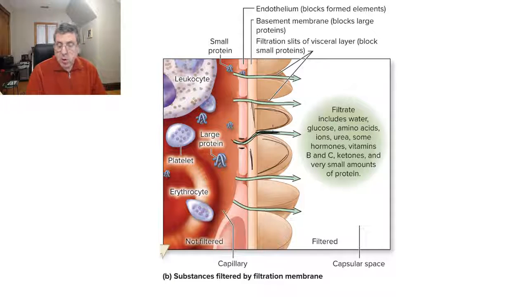Okay? So the purpose of all this is to basically allow water, ions, smaller molecules to come out and retain larger ones. So you want to keep proteins in here, because if you can see the size of that protein, this protein's not going to go through that hole. All right?